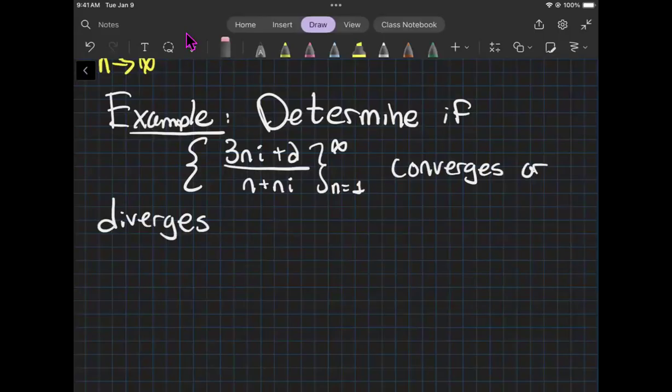Now I want you to pause this video and think about how we would show either this sequence converges or diverges. So pause the video and work on this example.